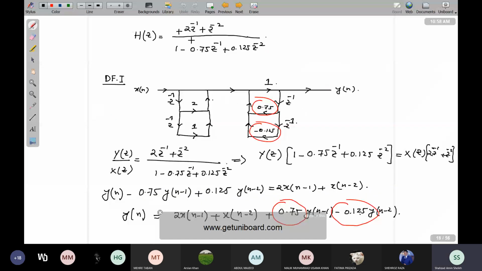मेरे भाई, इसमें अगर आप देखें तो ये स्टैंडर्ड फॉर्म से it's not like 1 plus 2 z inverse plus z minus 2, it's not like that. So इस बात का मतलब है कि स्ट्रक्चर के अंदर क्या चीज हमें चेंज करनी पड़ेगी? So this coefficient which was for x of n, either I will be multiplying it with 0 or I will be breaking this contact. ठीक है?